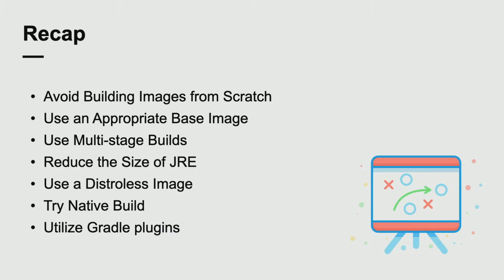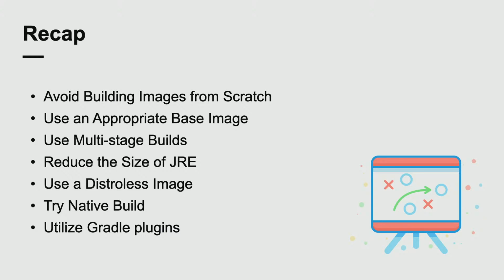So jdeps can analyze your JAR file to know which modules you use, and jlink can filter out the unnecessary parts of the JRE and only contain the modules and tools that you need to run your Java application.